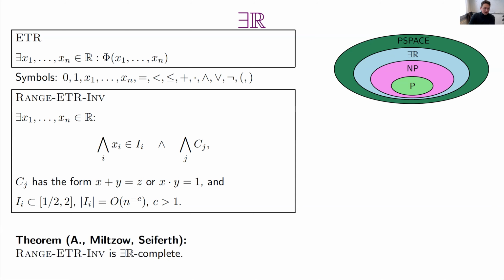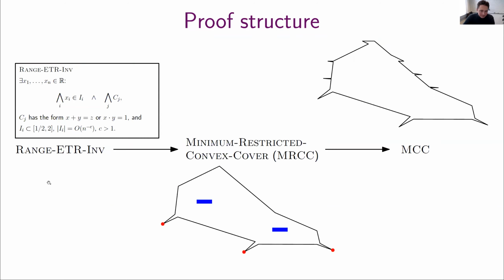And in our paper on packing problems, we proved that this problem is actually also complete. So therefore, we can use it to reduce to other problems. The proof structure is that we first reduce range EGR_inf to a restricted type of minimum convex cover problems called MRCC. And then we reduce that to the general minimum convex cover problem.